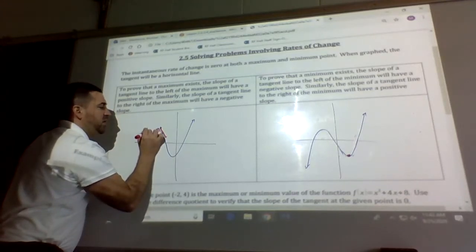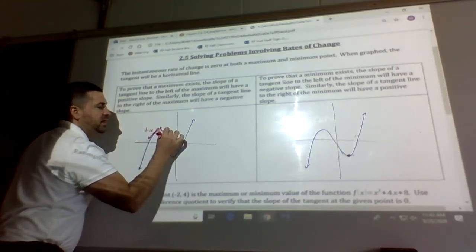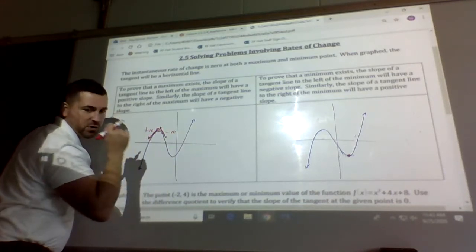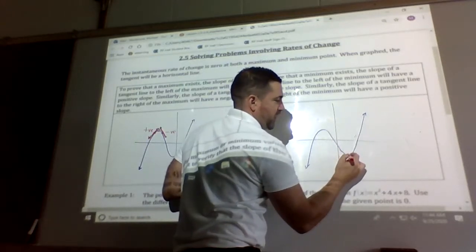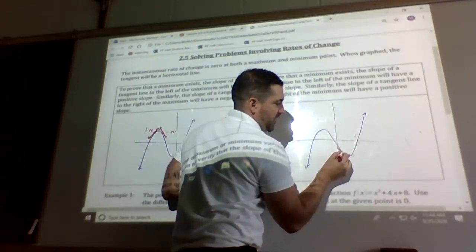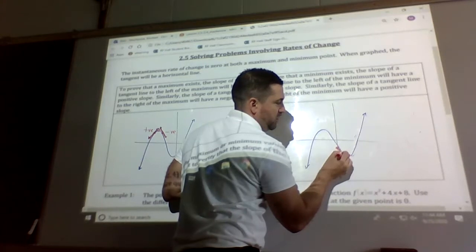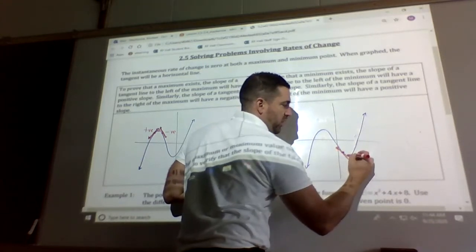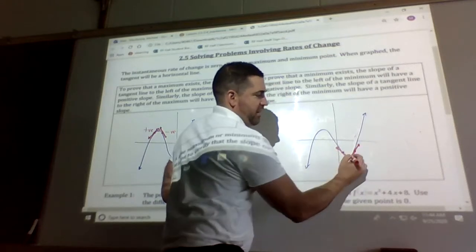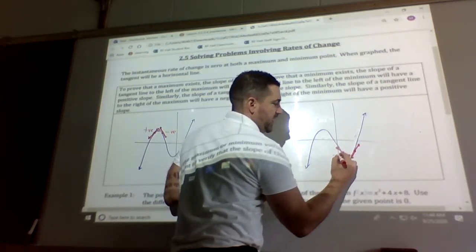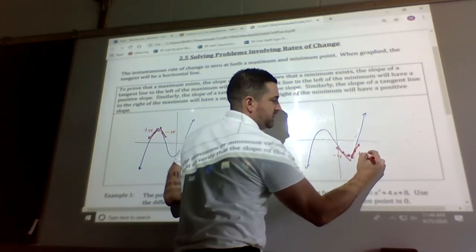So this would be a positive slope, and this will be a negative slope. Likewise, when we're looking at a minimum, we'll have a negative slope before the point and a positive slope after the point. So this would be negative, and this would be positive.